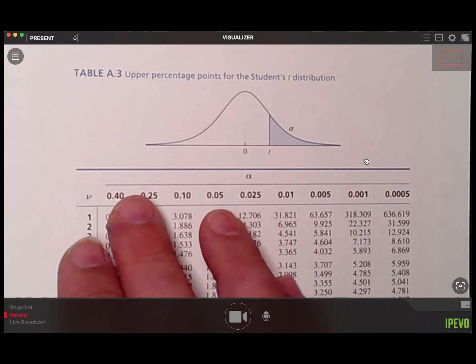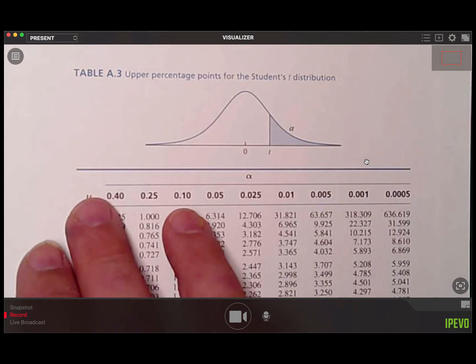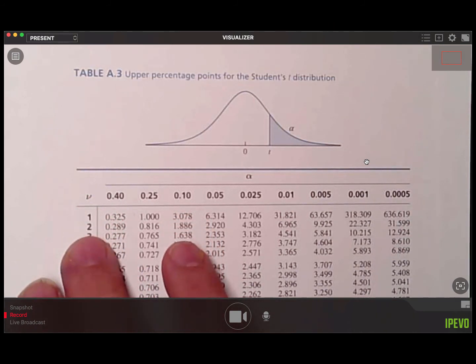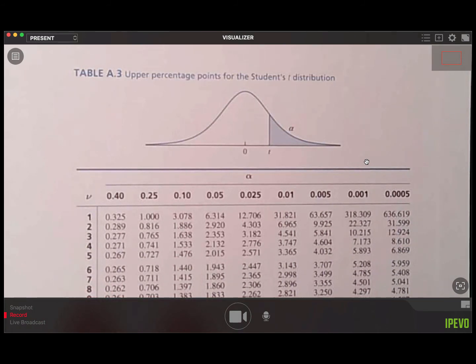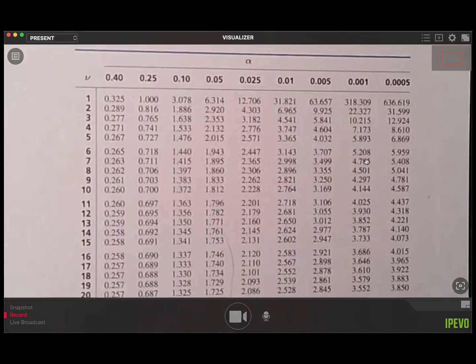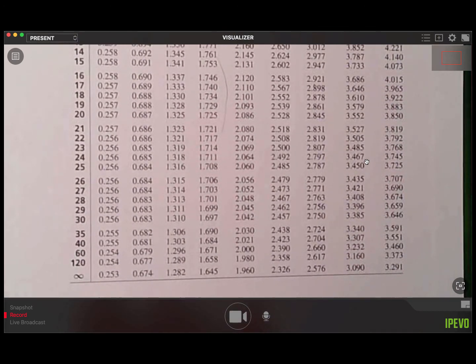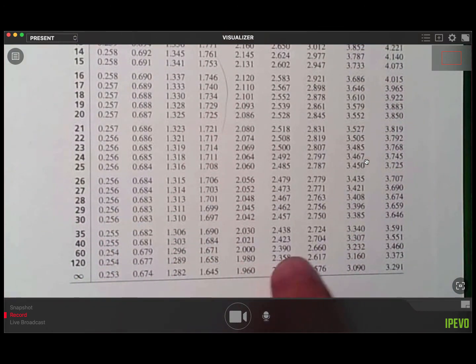Limited number of choices here in the table. We don't have a limited number of choices to use in R. Over here in the first column, there's a nu, the Greek letter nu. It looks like a V. It represents the degrees of freedom. So I can scroll down here and you can see it goes pretty high, and it even goes past 30. And if you look down here, you'll see a lot of these numbers don't change a whole lot.